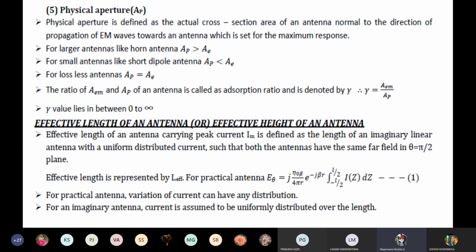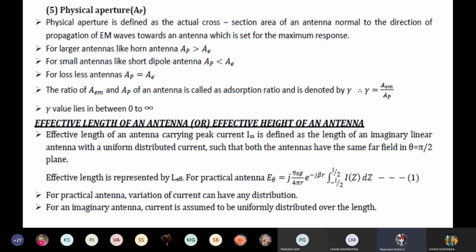So next one, physical aperture. What is physical aperture? Physical aperture is defined as the actual cross-sectional area of the antenna normal to the direction of propagation of EM waves towards an antenna which is set for the maximum response. For larger antennas like horn antenna, physical aperture is greater than the effective aperture.